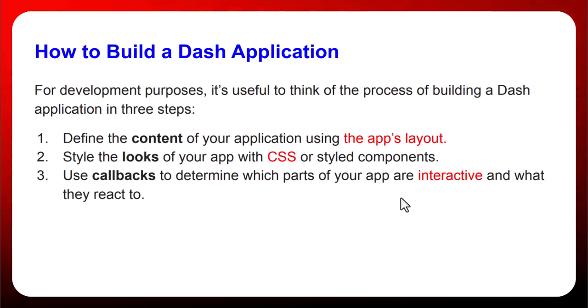Third, use callbacks. I want to stress callbacks because all these words are important to determine which parts of your app are interactive and what they react to. Let's say that you are doing mapping for Uber riders. When you move the mouse, it should show some interactions.